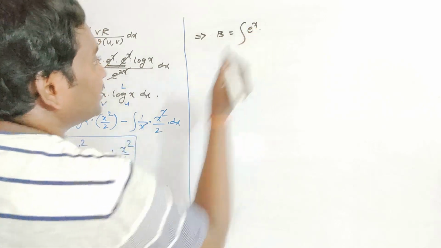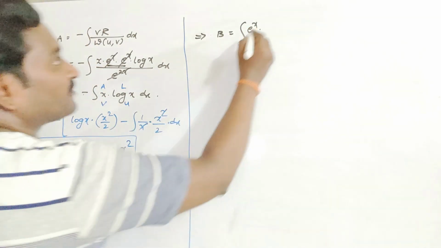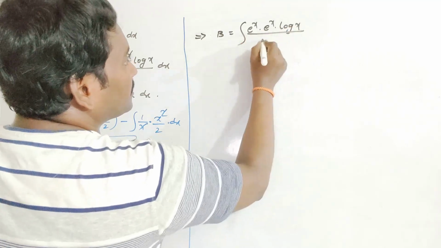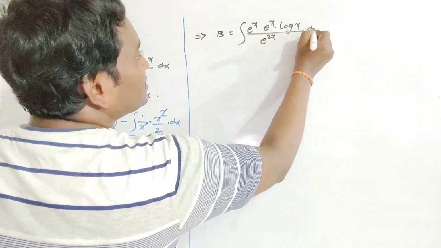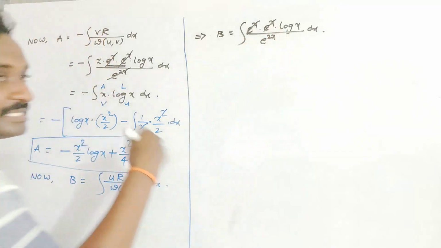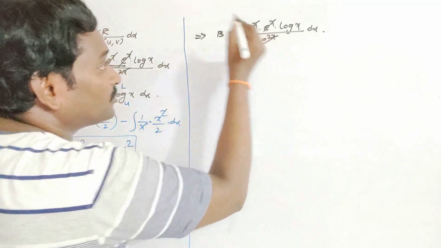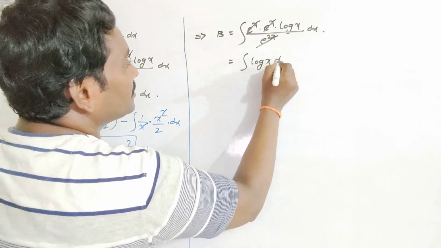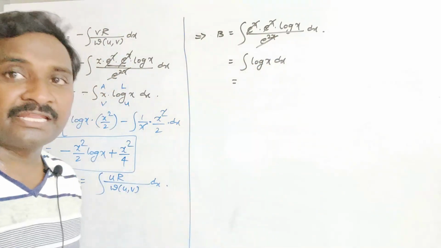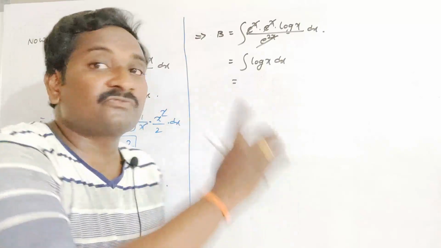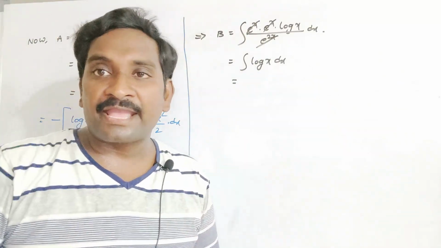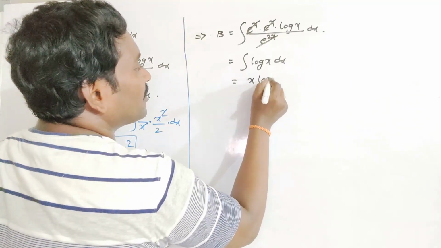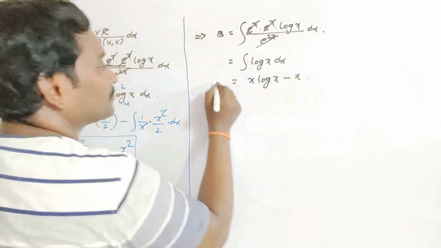Only e power x, into, what is r? The right hand side function, e power x into log x, by the Wronskian, which is e power 2x. So here also e power x into e power x is e power 2x, and this e power 2x gets cancelled. So simply you have to find the integration of log x. It is a direct formula in integrations. Otherwise you can write log x as 1 into log x and apply the uv rule again here. So the integration of log x is x log x minus x.